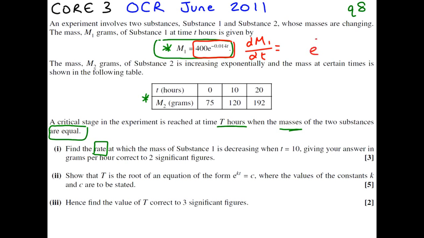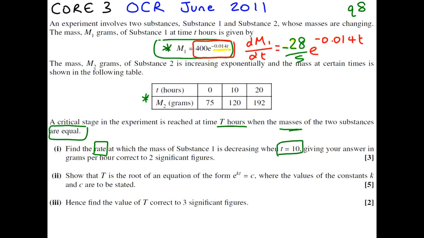Now, when you differentiate an exponential, you get the same thing again. You get e to minus 0.014t. However, we have to use the chain rule, and we have to times by the differential of the function inside, aka this function in the power. So we do 400 times by minus 0.014, and we get minus 28 over 5. Now it wants to know when t equals 10.